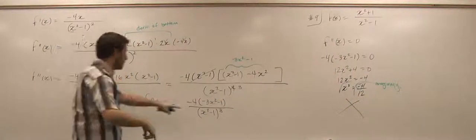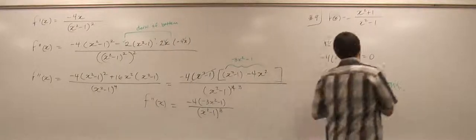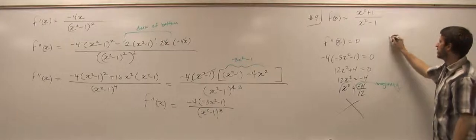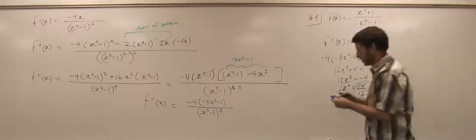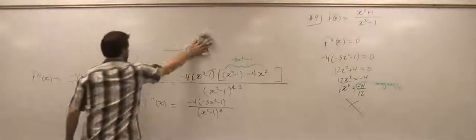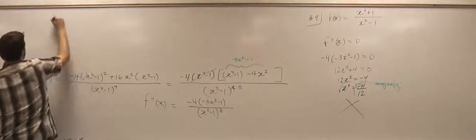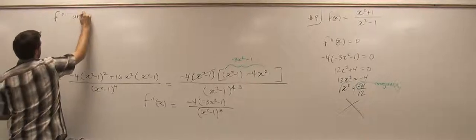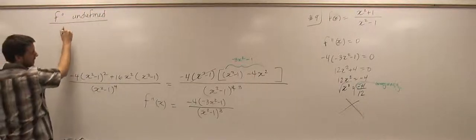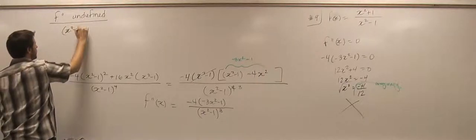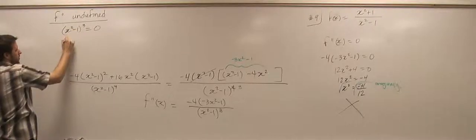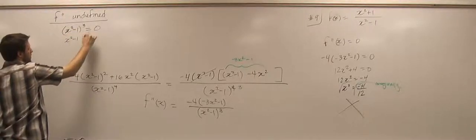So then the other one, for the undefined, you have to set the denominator equal to 0. So f double prime undefined comes from where (x squared minus 1) cubed is equal to 0. Which means if you cube root both sides, x squared minus 1 equals 0.